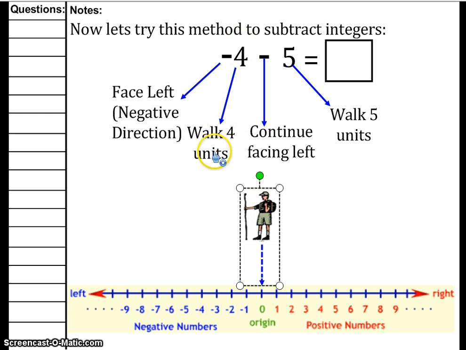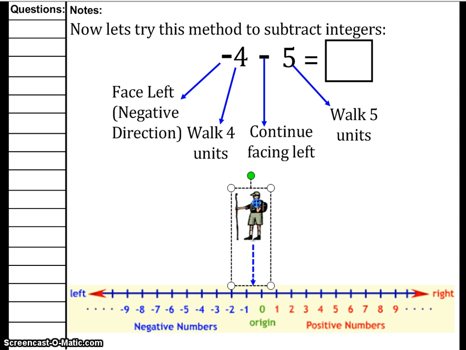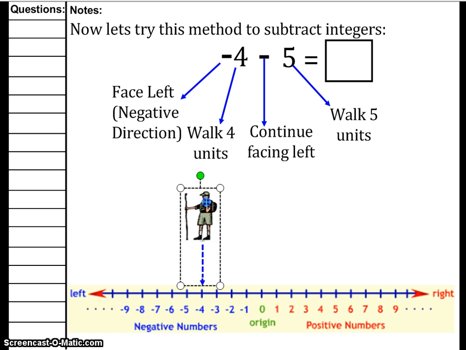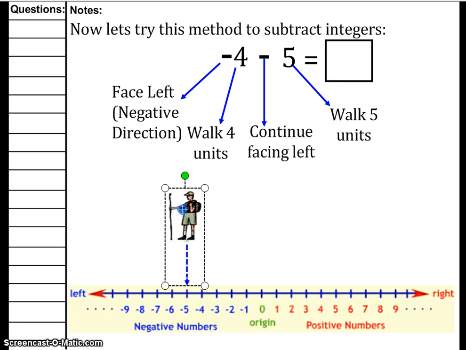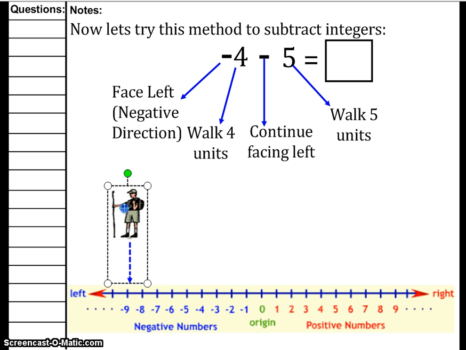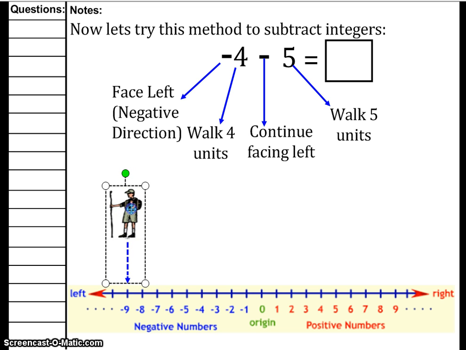And the 4 tells us we're going to walk 4 units in that direction. 1, 2, 3, 4. Here we have another negative sign or subtraction, and that tells us we're going to continue facing left, and we're going to walk 5 units in that direction. 1, 2, 3, 4, 5. So -4 minus 5 equals -9.